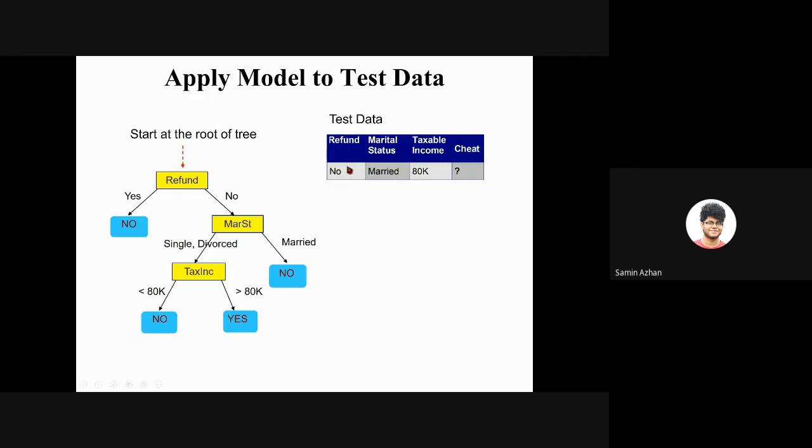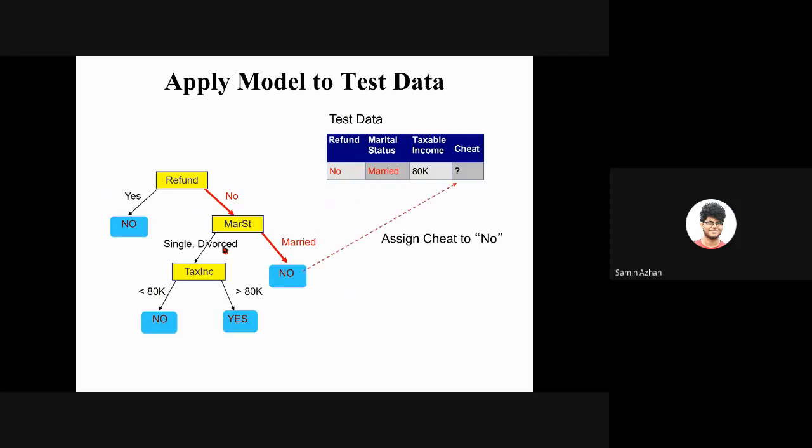It says that refund is no. So it will move to the right side because refund is no. Then it needs to check if the marital status is married, single, or divorced. It says married, so our machine predicts that the person did not cheat. The answer is no.